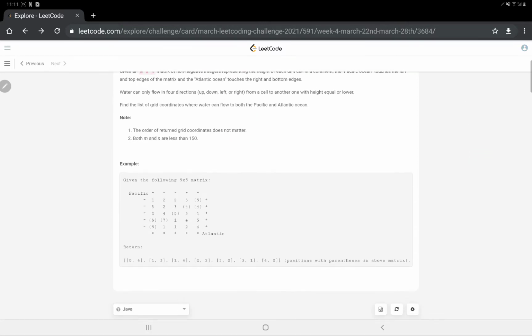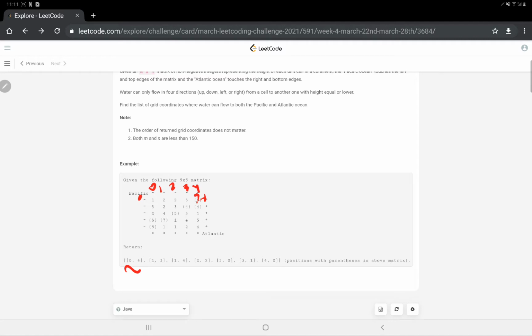And let's see the example that's given to us. In this example, these coordinates are given. So what is 0 4? 0 4 is 0 1 2 3 4 and 0, so this coordinate. All right, if we place water at this point, definitely, being at the higher end, it will flow to this and it will flow to this, so it can flow to both oceans.